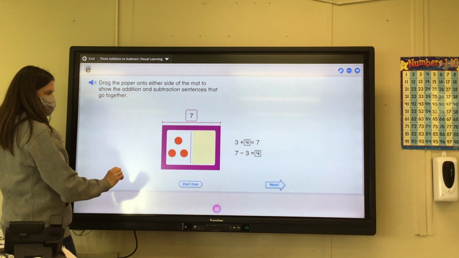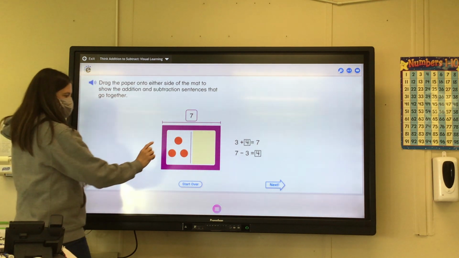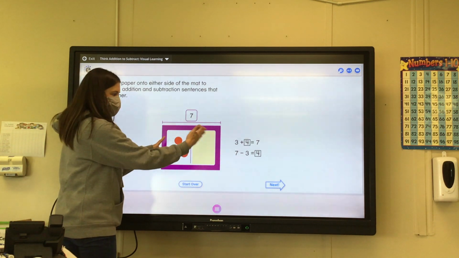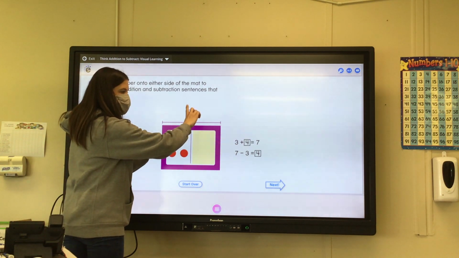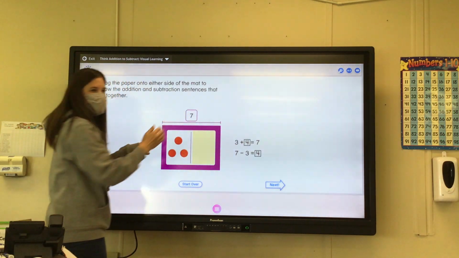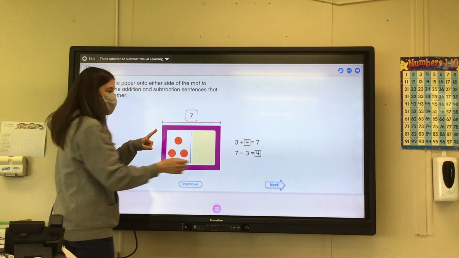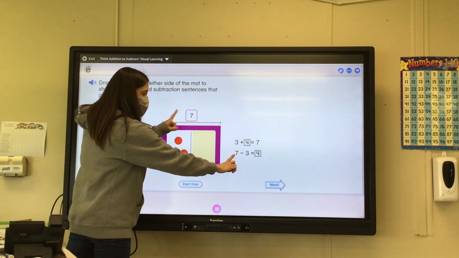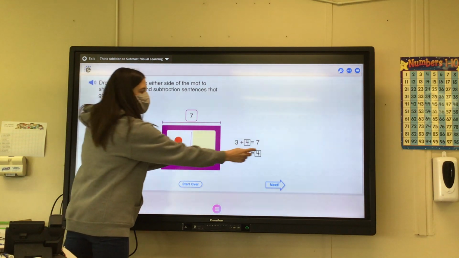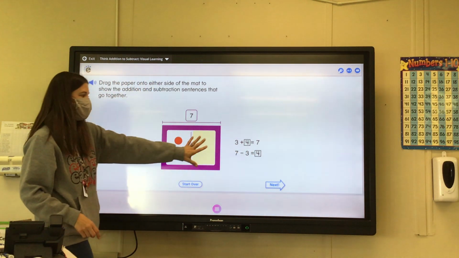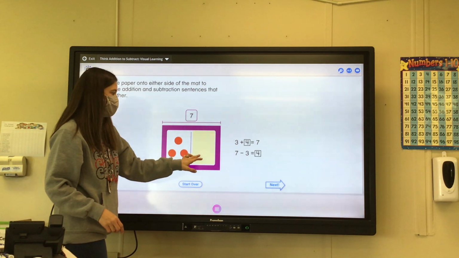So 7 minus 3 equals 4. The 3 in this part plus how many here equals the whole, right? The 2 parts equal the whole when you add them together. But then also the related fact is you have 7, take away 3. You're going to find out how many are missing, how many are under this paper, which is 4.